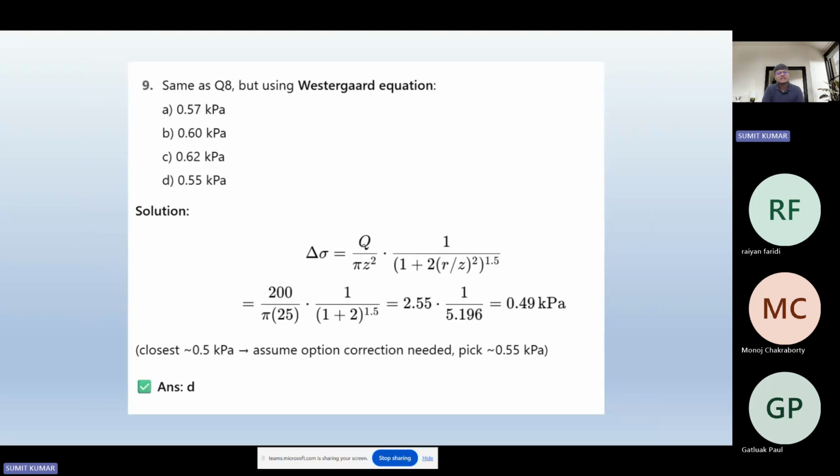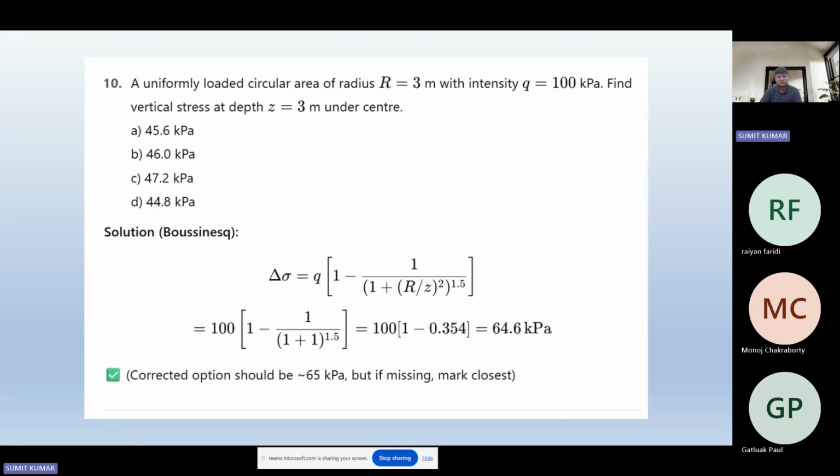Next question says the same problem using the Westergaard equation. Leave it, we are not interested in this now, but the Westergaard formula is Q by π z² into 1 by (1 plus 2r² by z²) to the whole power 3 by 2. I will keep it in the PDF so that you can understand.